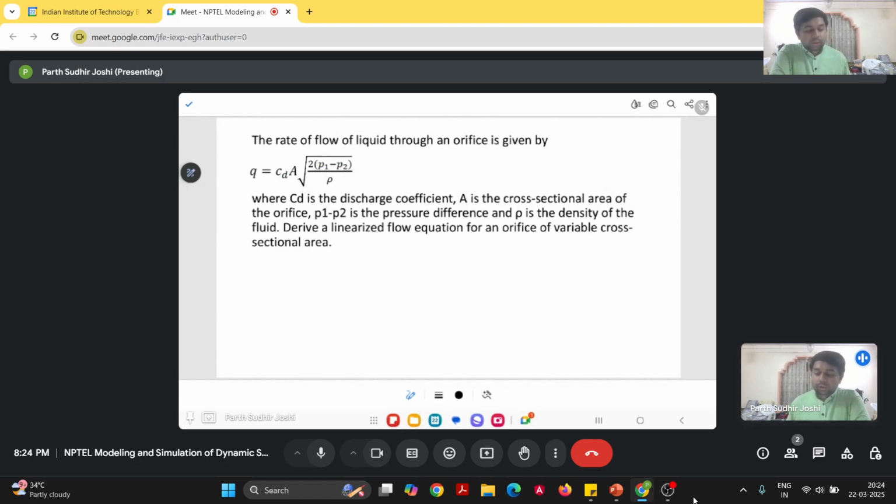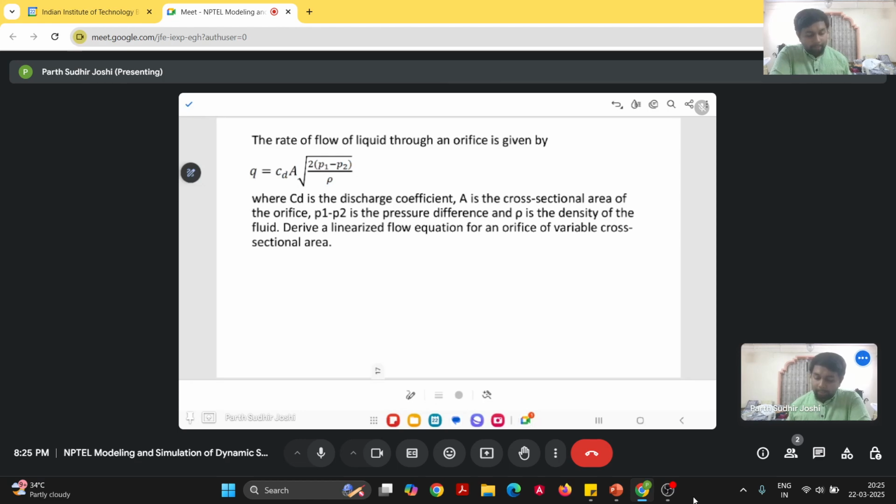So for this, we know that this particular relation for the flow rate variation with respect to the variable cross-sectional area and pressure difference is a non-linear relation. So now to linearize this, we can take a partial derivative of the flow rate with respect to the area and find the corresponding slope, let us say m1, and then again take another partial derivative of the flow rate with respect to the pressure difference, and let us call that slope m2.